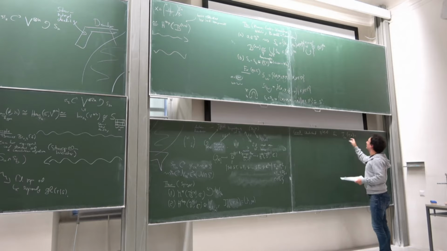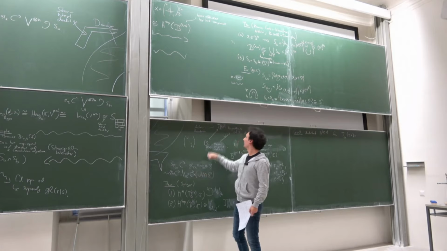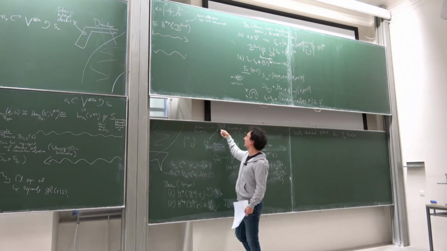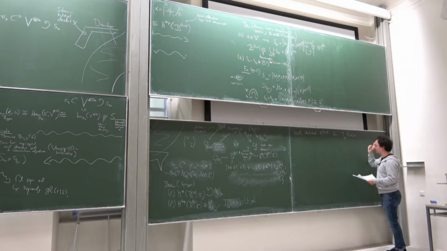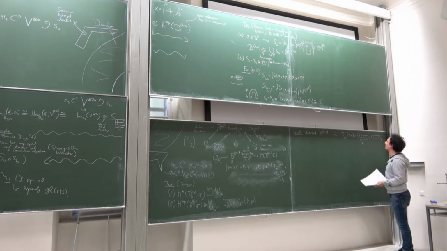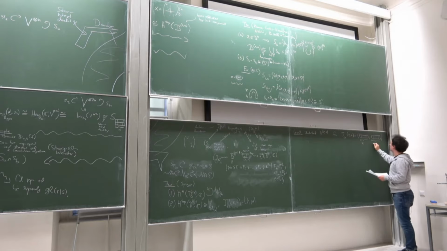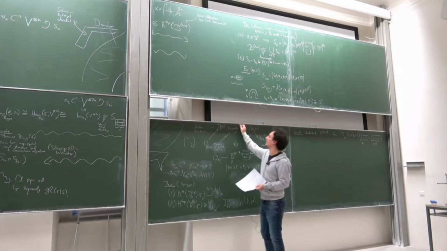So I'm considering pairs E, x inside here, such that the corresponding orbit corresponds to a bipartition which consists of two rows. This looks combinatorially very trivial, but the geometry is relatively rich, but still manageable, let's say. So what I want is k boxes here, and n minus k boxes here. Okay, so I'm considering only certain bipartitions here.